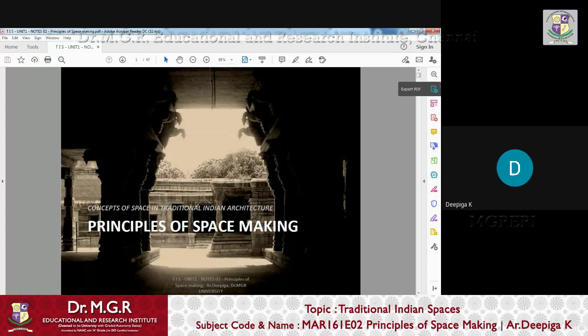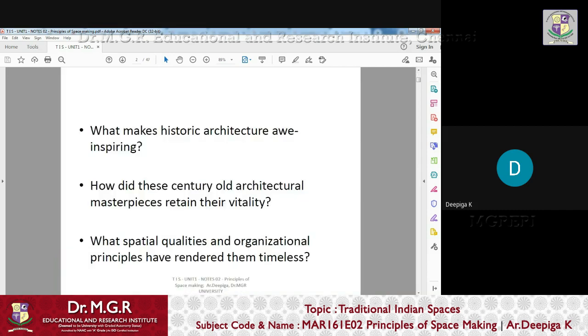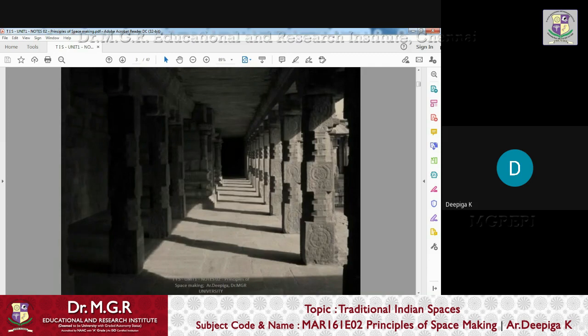Initially, I took you through the inner, inside, and outside kinesthetics of one example, that is Tiruvannamalai Temple. That was the lecture I did one day. Kinesthetics is something that takes you through a space because of your movement, because of that day or that time of the day, you get a particular experience.